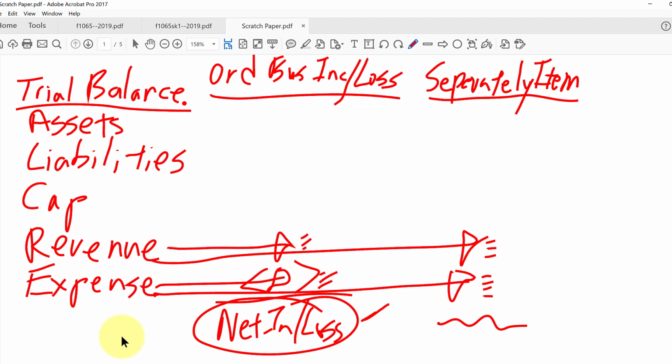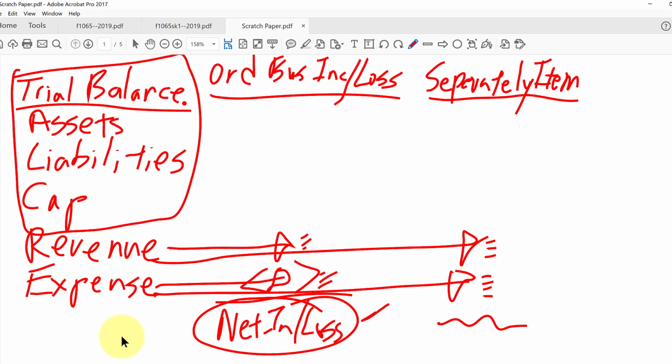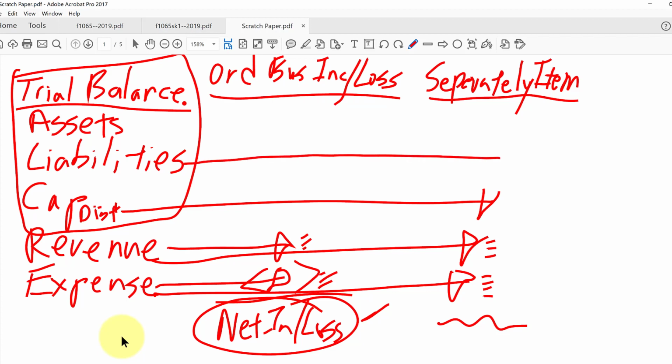And then, of course, here are our balance sheet accounts that eventually will go on to the partnership return. We're probably also going to take, let's say, the drawings, the distributions from the capital section, and put them also into separately stated items. Even liabilities, where they have an effect on the partner's basis, may be separately stated to each partner.